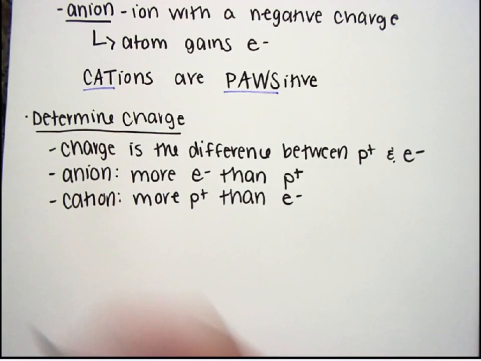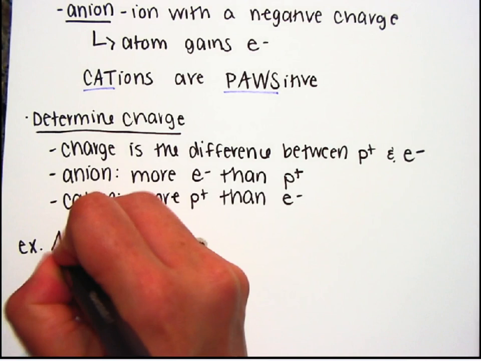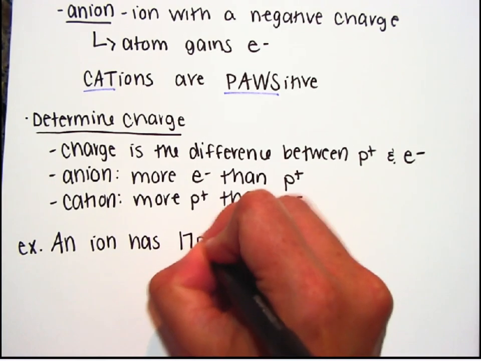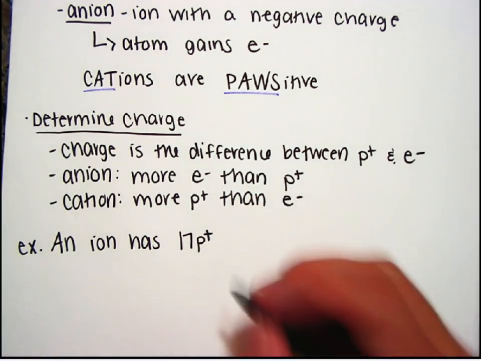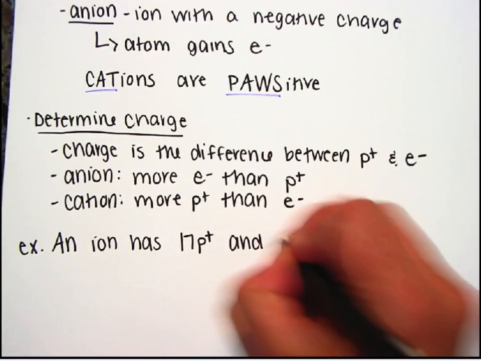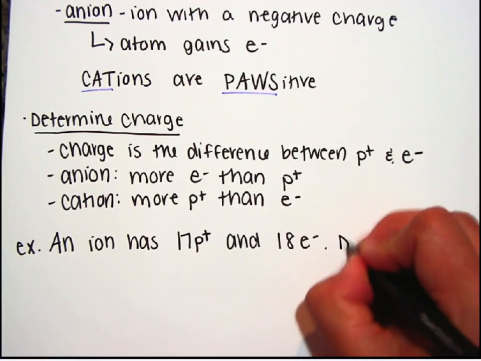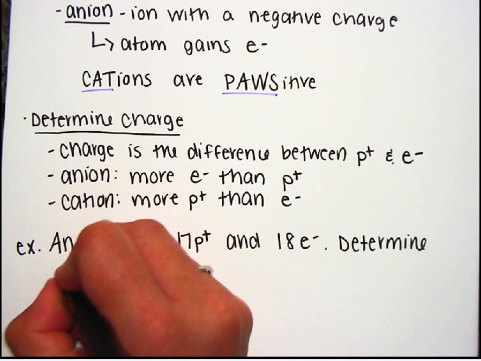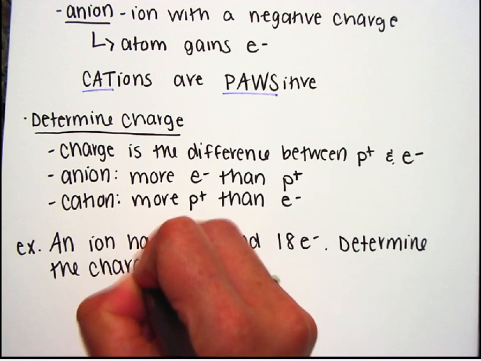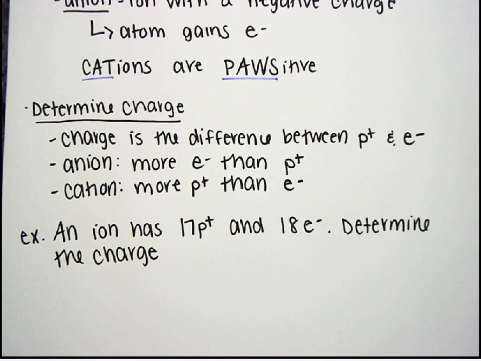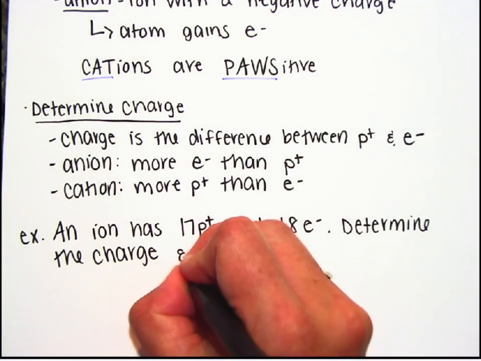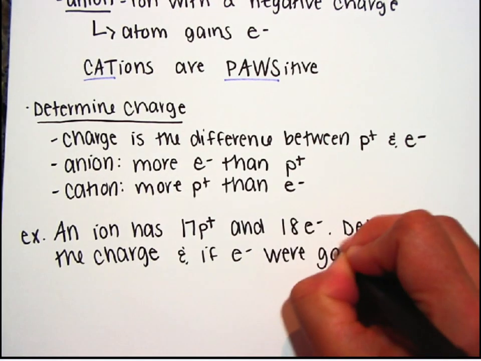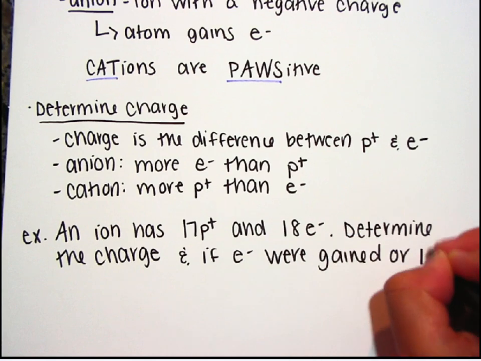So we're going to look at questions a few different ways. First, let's say you were told an ion has 17 protons and 18 electrons, and you need to determine the charge and if electrons were gained or lost.